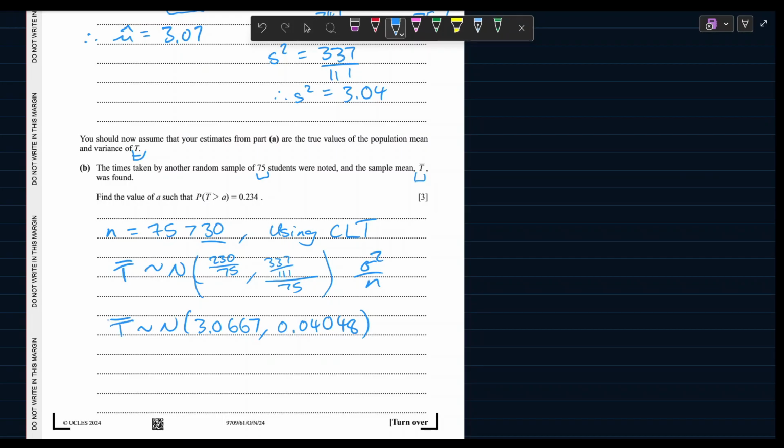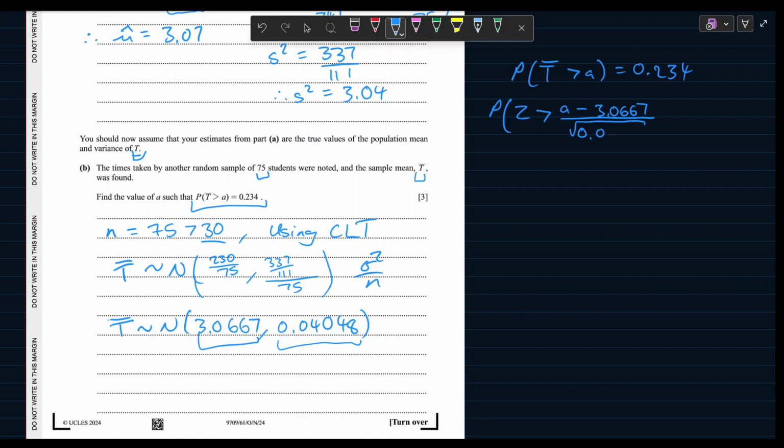Okay, so t bar. All right, and we want to find the value of a such that the probability that t bar is greater than a is 0.234. If we standardize, this would be z is greater than a minus our mean, 3.0667, divided by our standard deviation, so the square root of 0.04048, and the probability would still be the same, 0.234.